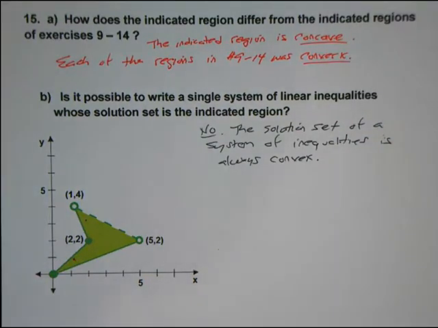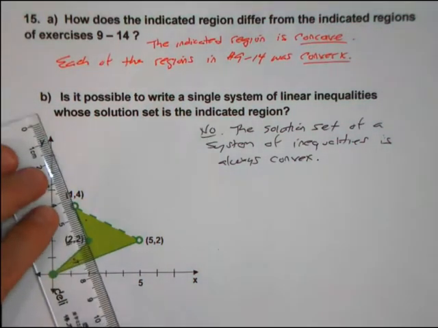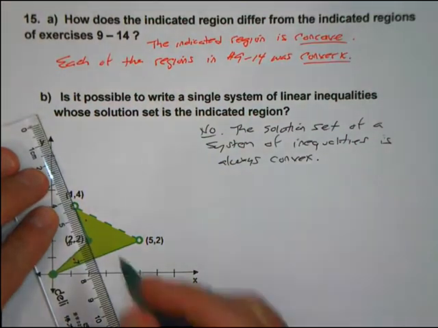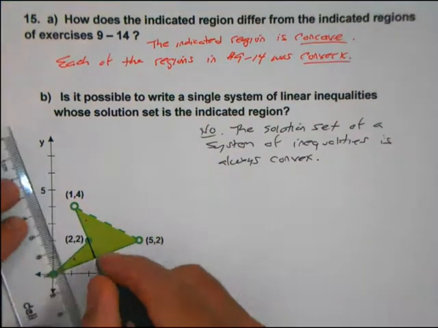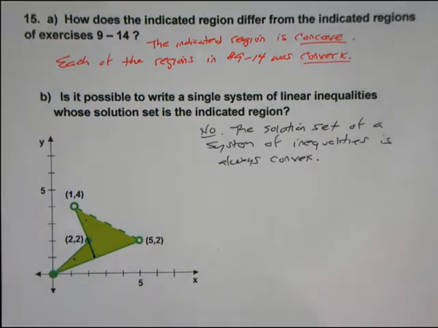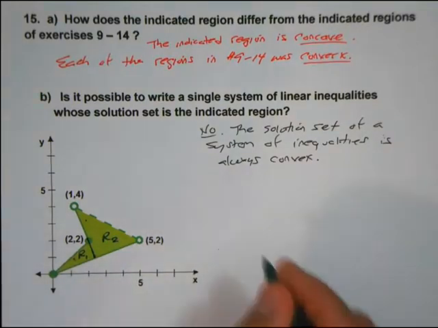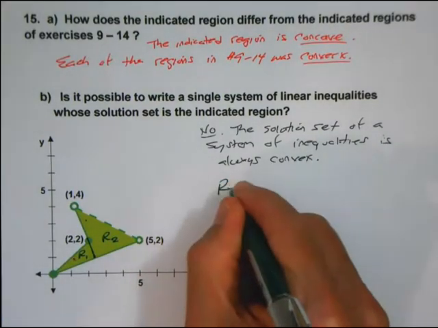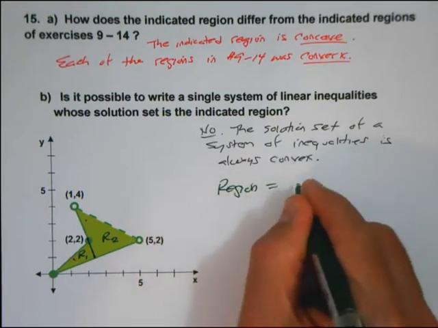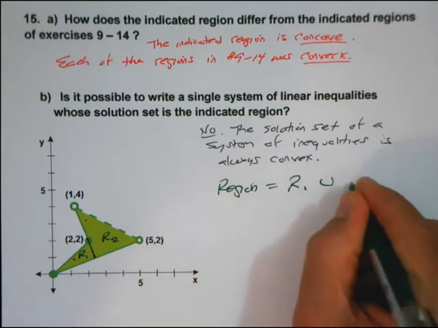And just to elaborate a little bit here, if you were to do something with inequalities for this region, you might consider breaking it up into a couple of regions, divide it there, maybe call this R1 and this R2, so now the indicated region is equal to R1 union R2.